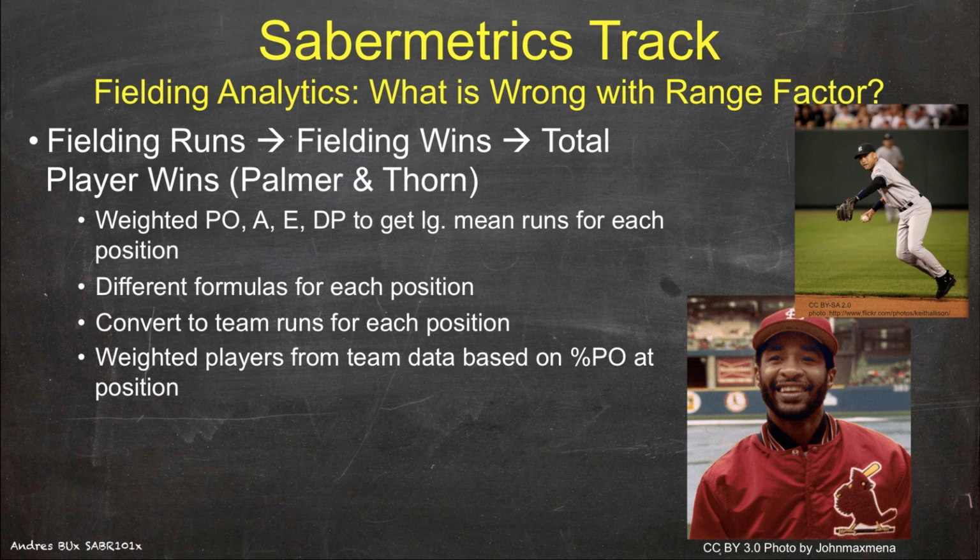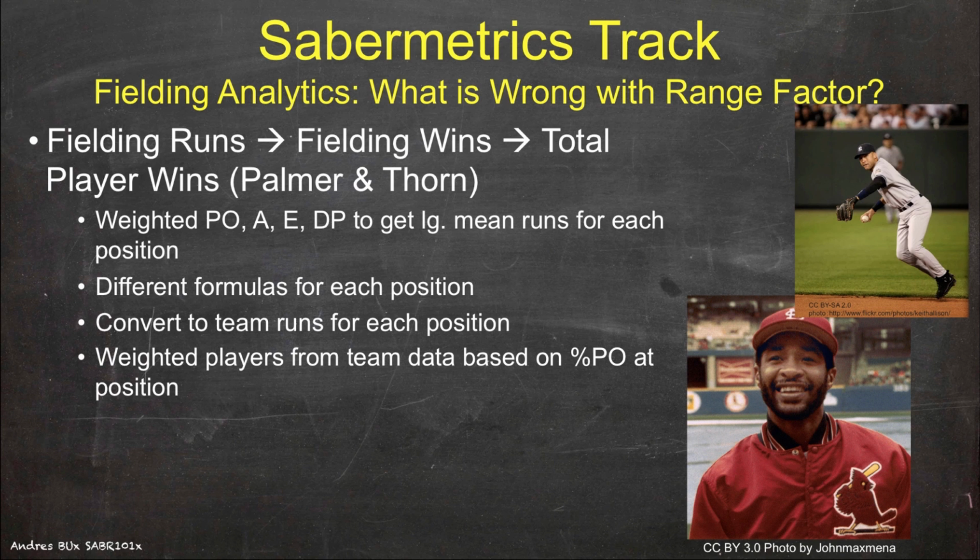This effort to try to get total player wins required them to get at fielding wins and fielding runs. And they went through the hard effort of doing their best to estimate fielding runs and fielding wins with box score level data. And this started the revolution that led to many other advancements in fielding, even with box score data.